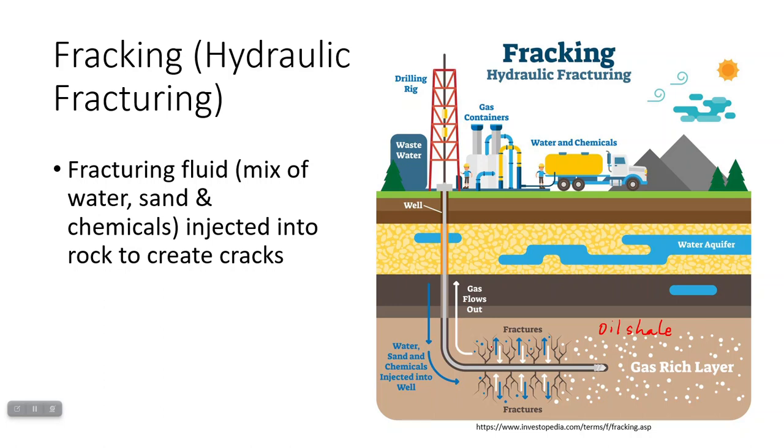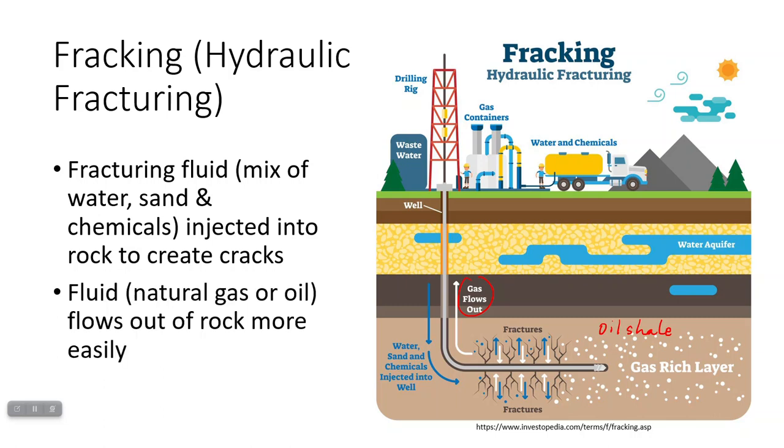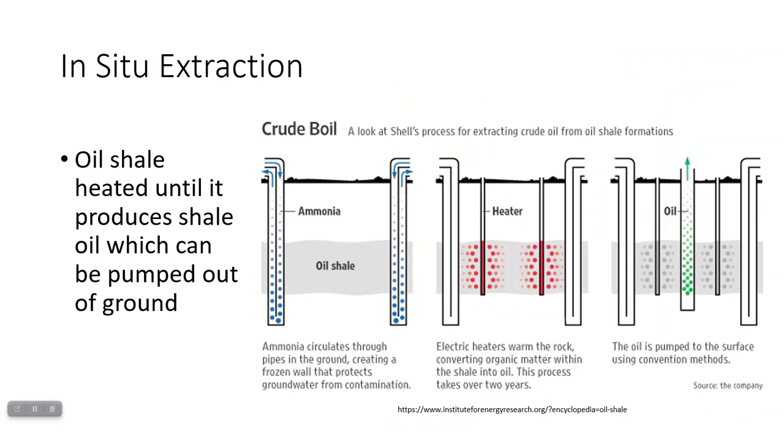And then some of those chemicals will then allow gas and oil to flow out. They may dissolve them, make them a little easier to flow. And then you can extract that material from the rock. We'll talk about the environmental consequences of this in a few slides.